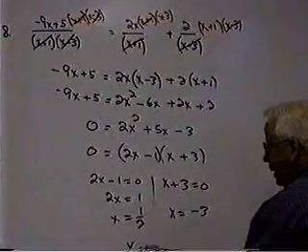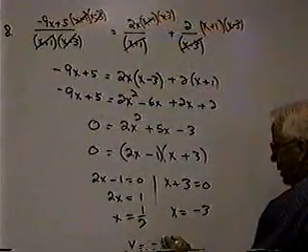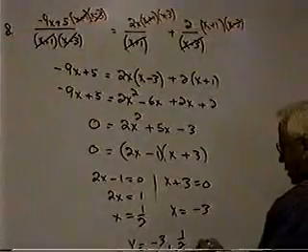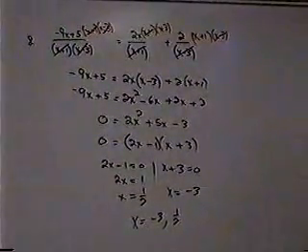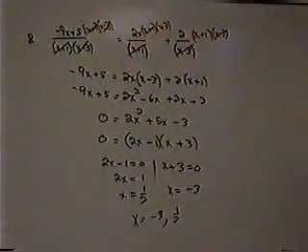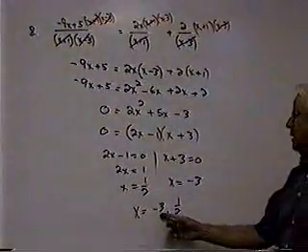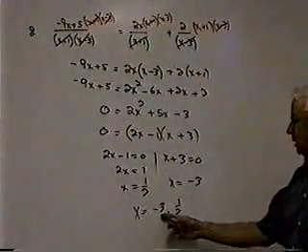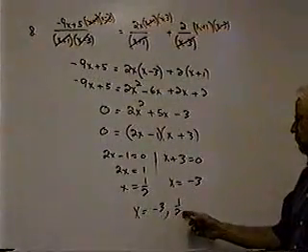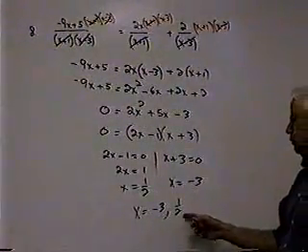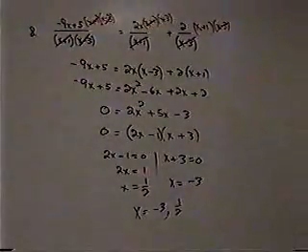So therefore, final answer is minus 3 and 1/2. Okay? Check those in the original problem. If I put a minus 3 in there, it's okay. I do not get a 0 in the bottom. Put a 1/2 in there, okay. I do not get a 0 in the bottom.